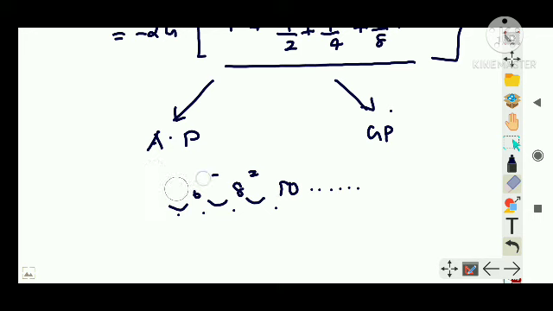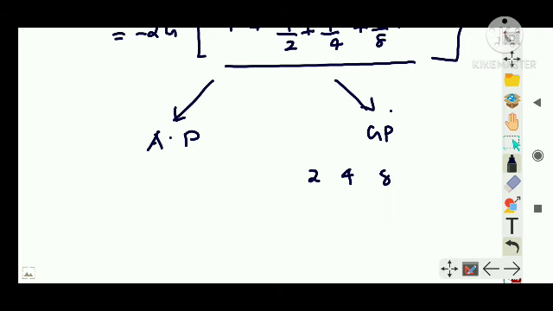And I say a series is a geometrical progression if their ratio is common. Let's say this is 2, then 4, then 4 by 2 is 2, then 8 by 4 is 2, then 16 by 8 is 2. So their ratio is common, which is 2.